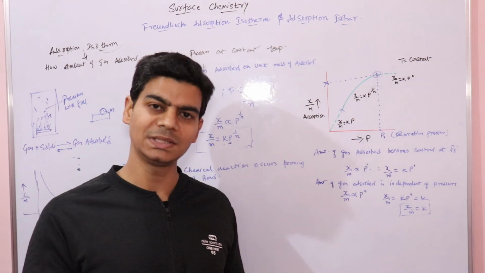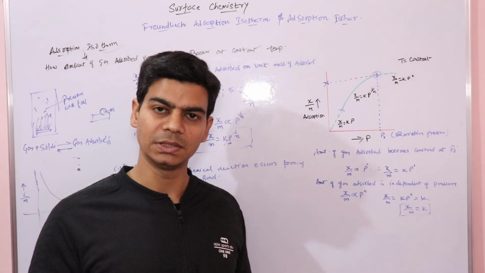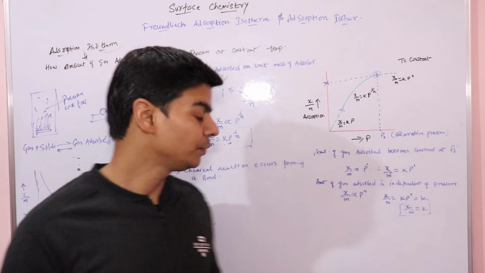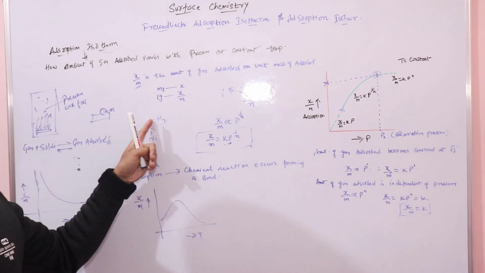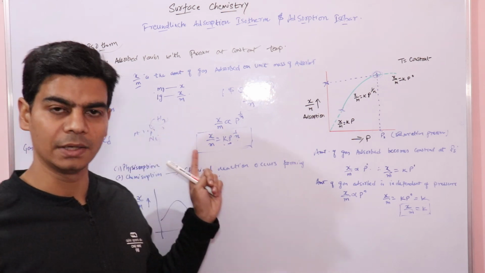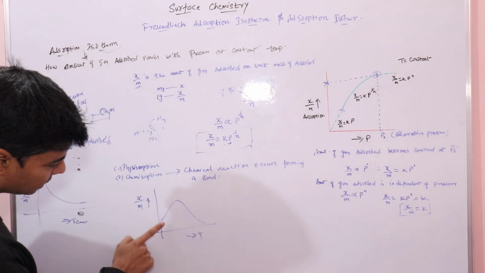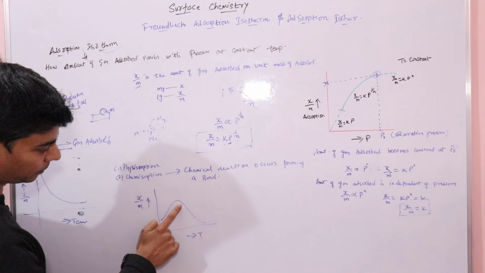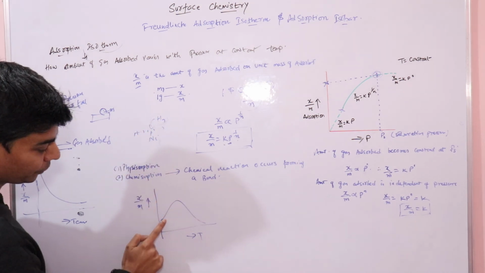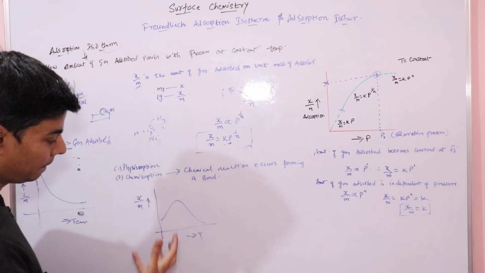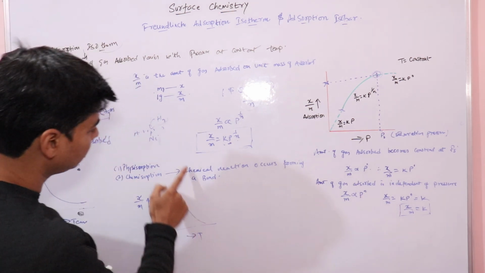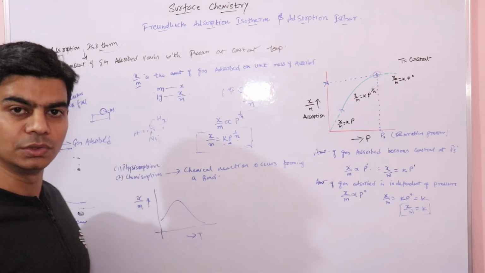Increasing temperature provides the activation energy for the reactants nickel and hydrogen, which causes the chemical reaction between them. So the initial rise in adsorption, which is nothing but a chemical reaction, is because of the activation energy.